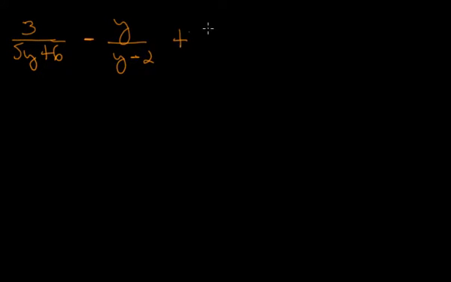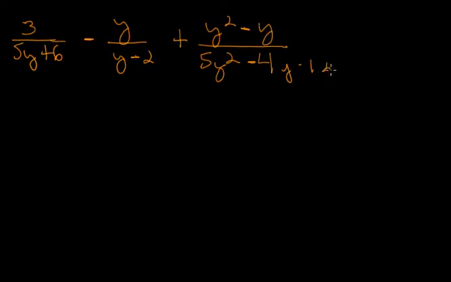So we have 3 over 5y plus 6, minus 4y minus 2, plus y squared minus y over 5y squared minus 4y minus 12.